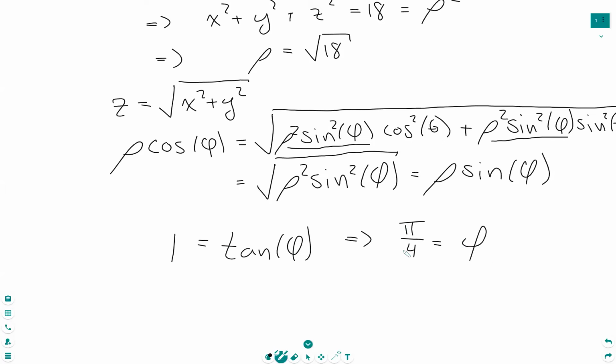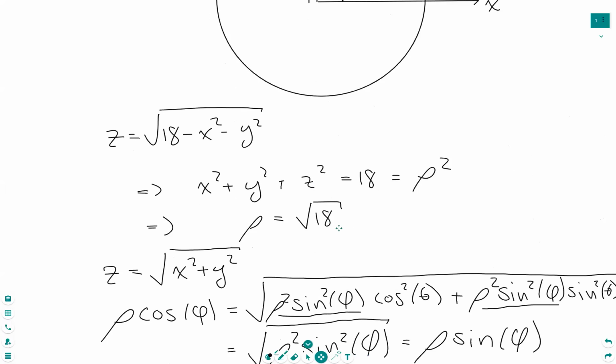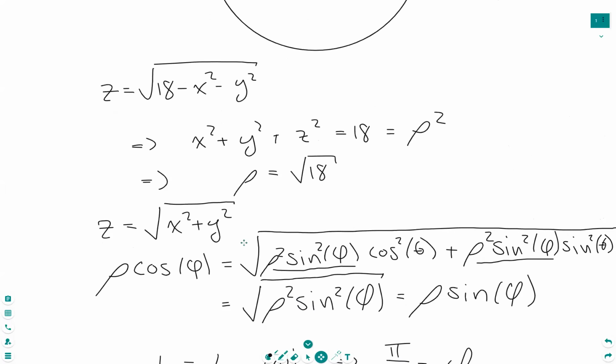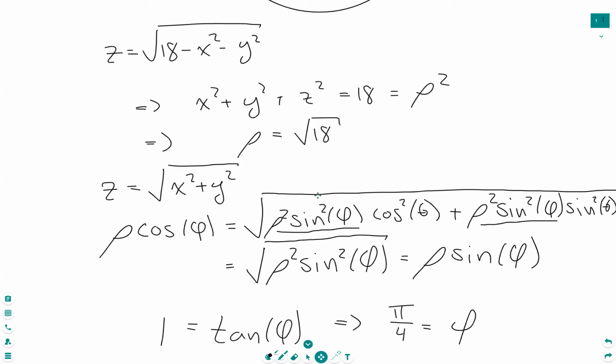So I kind of foreshadowed that sometimes the bounds don't necessarily give us information one for one. So our z bounds gave us a piece of information about rho as well as a piece of information about phi. It wasn't that z gave us the rho bounds and y gave us the phi bounds and x gave us the theta bounds.